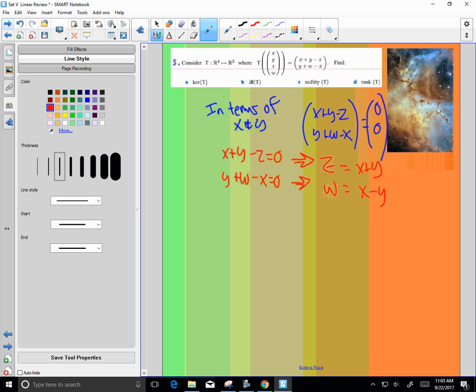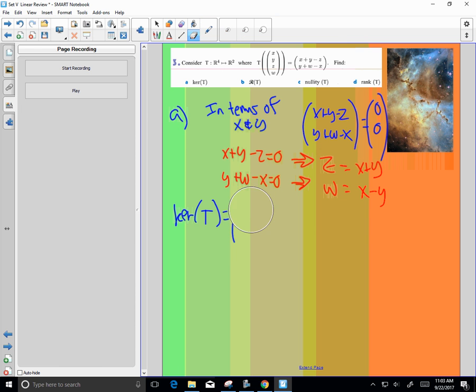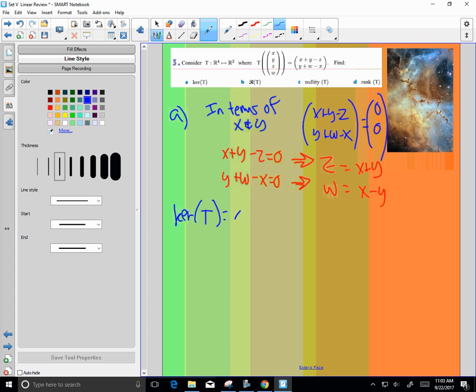Love it. So the kernel, this is part A, the kernel of T is going to be x, y. I like this: x times something plus y times something. For x, it's just going to be 1x.